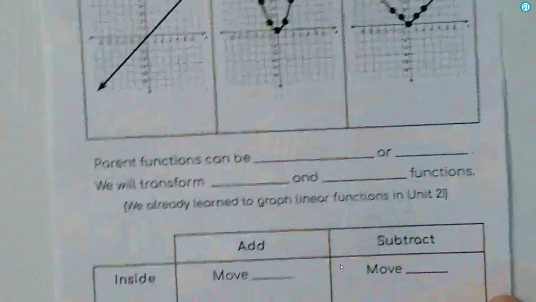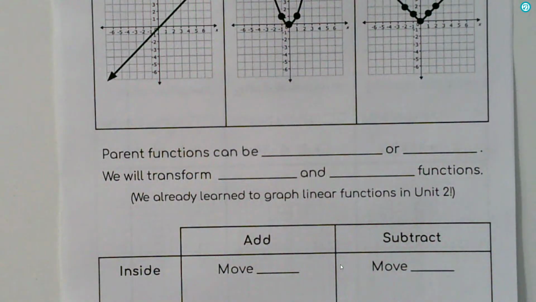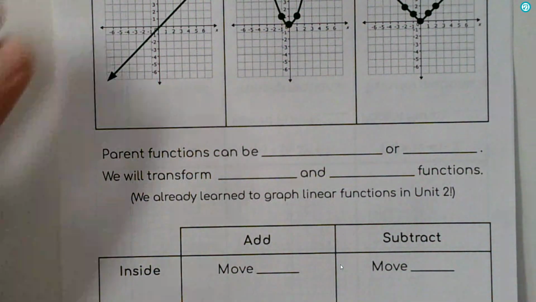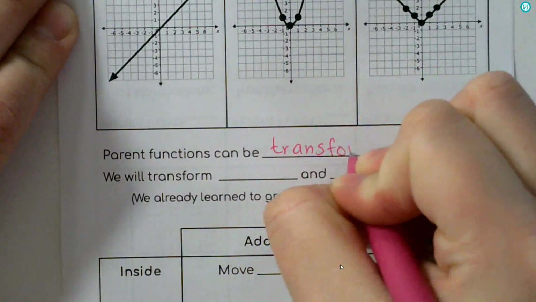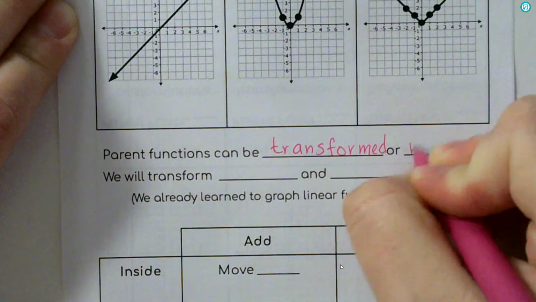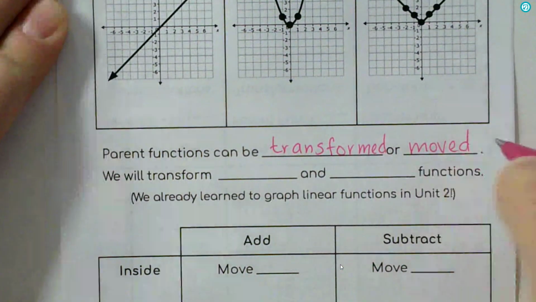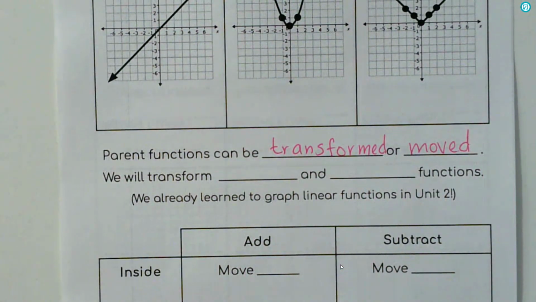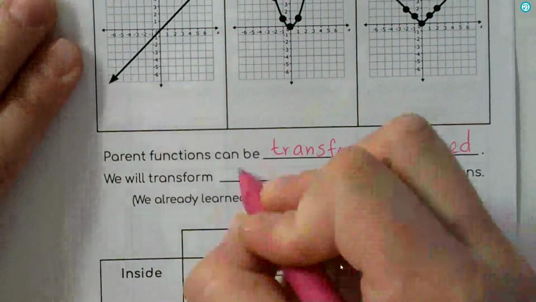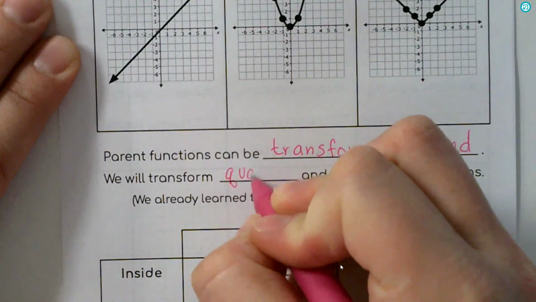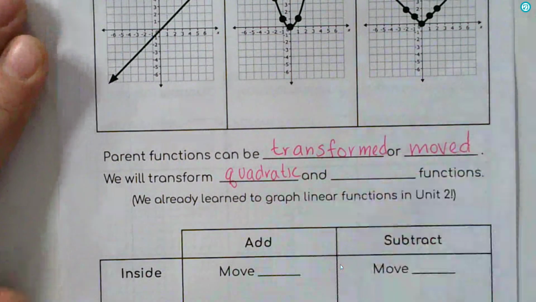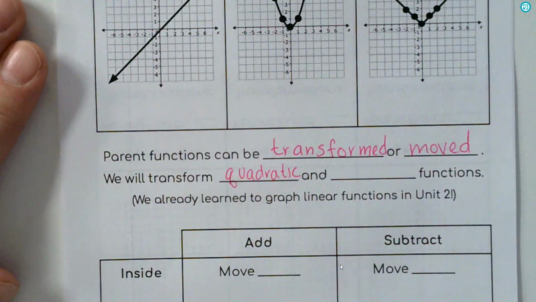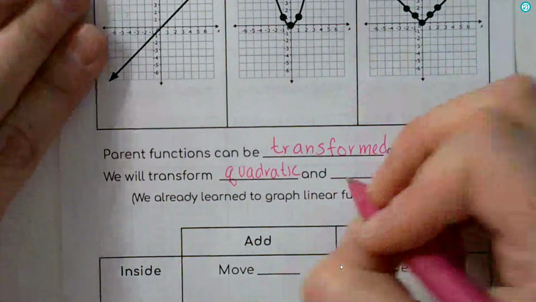So our parent functions that we are using, they can be transformed or moved. Today, we are going to transform quadratic functions and we are going to transform absolute value functions.